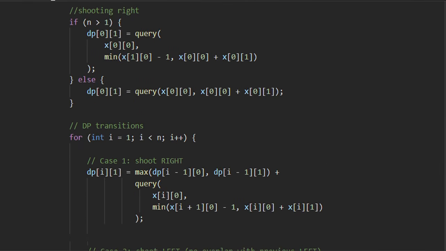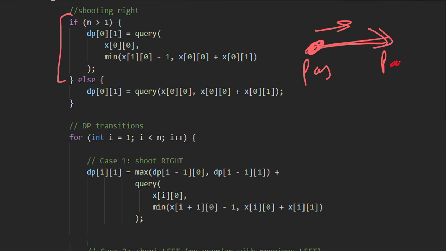Then we are finding its right side. In the right side there are two possibilities. If other robots are present, then overlapping may happen. And if only one robot is there, then it is its position plus distance. But if another robot is there, then we have to see what the right range will be.